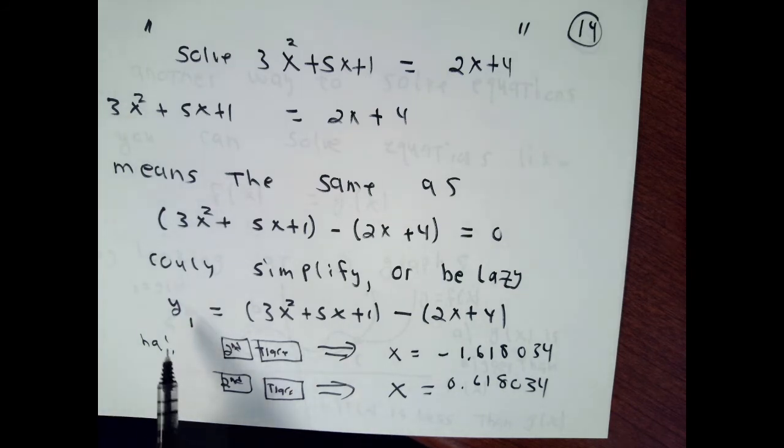If I draw the graph of y1 equals 3x squared plus 5x plus 1 minus 2x plus 4, the places where y is 0 are going to be the places where these two quantities are equal to each other. So this would give me a way to solve equations.